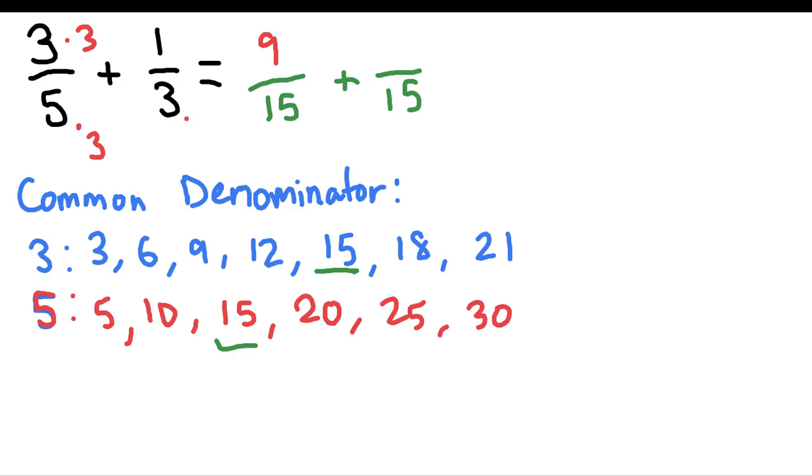And for our second fraction, to get from 3 to 15, we have to multiply by 5. So we're also going to multiply the 1 by 5, and we get 5 over 15. Now, all we have to do is add the numerators. This is the last step. So 9 plus 5 is 14, and we keep the denominator the same, 15.